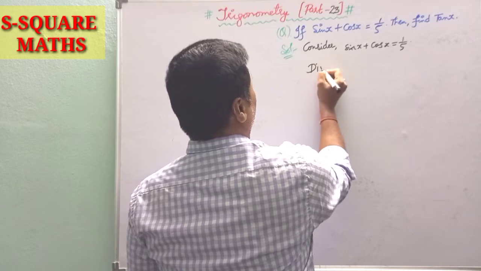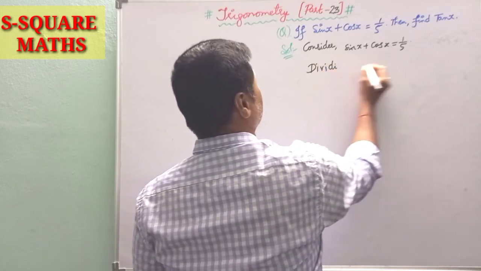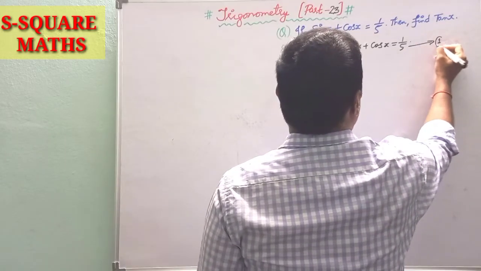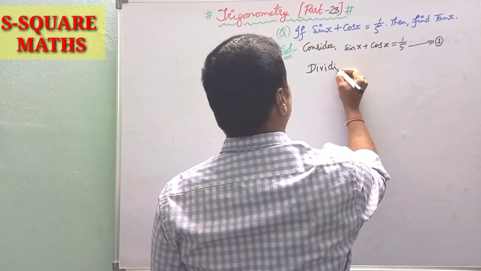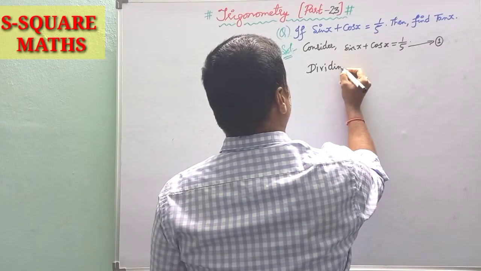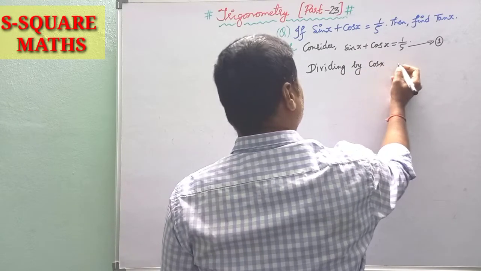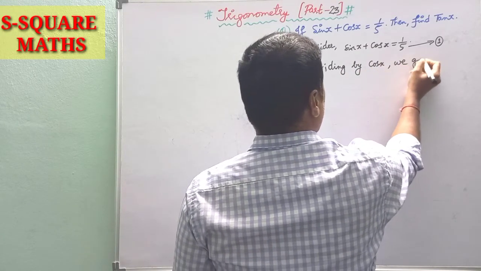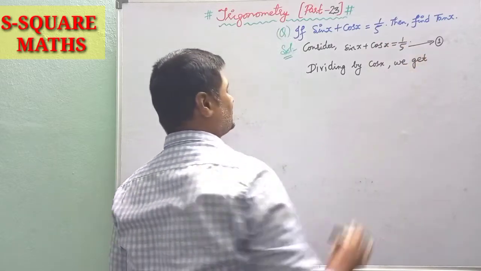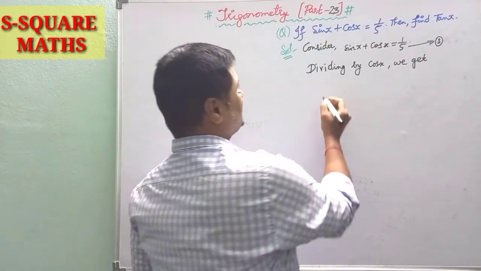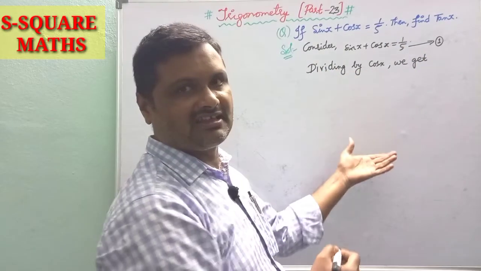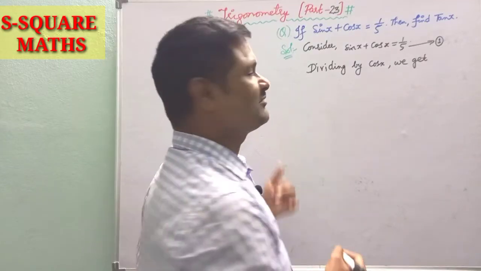Here, this is marked as equation 1, dividing by cos x we get. For the given equation, we are dividing by cos x. I am writing directly because it is lengthy, and I am going to reduce the steps.